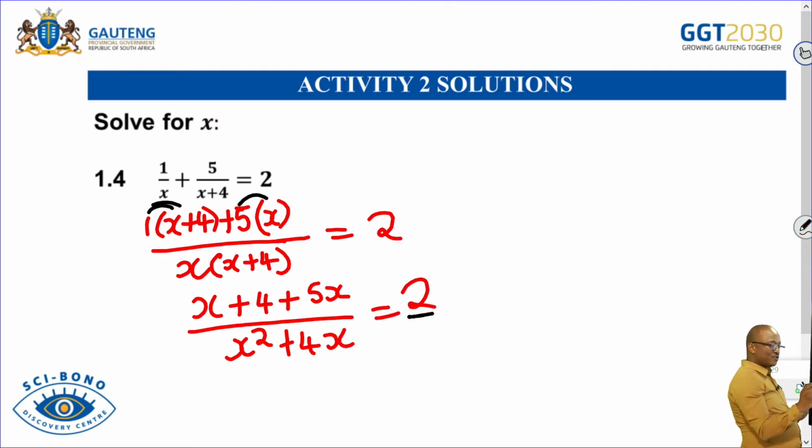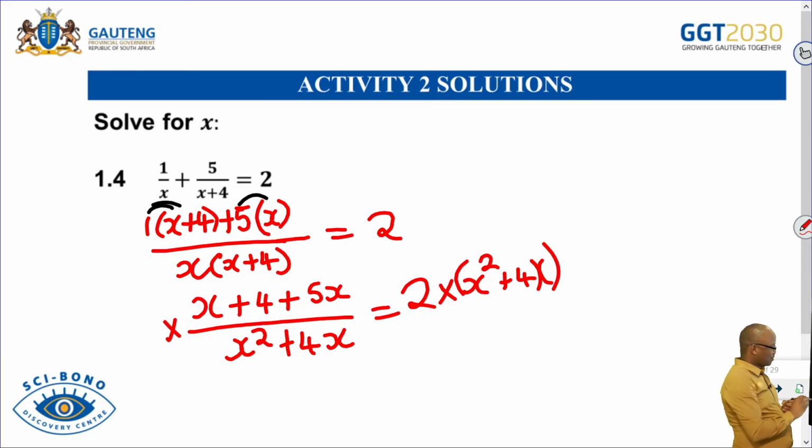Remember that 2 is always divided by 1 if ever I want to cross multiply. If I don't want to cross multiply, then I can multiply both sides by what? By x squared plus 4x. Correct? Also this side I will multiply by x squared plus 4x. Why? Because this one will cancel that one there.